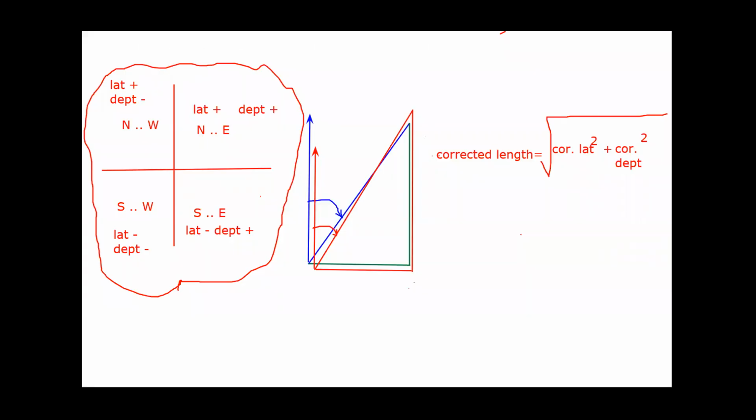Now, how about this number here, which is the angle or the bearing value? How can we compute this? This is very simple because we do know that if I draw this here, bearing is this angle, whether you compute it for this line or this line.